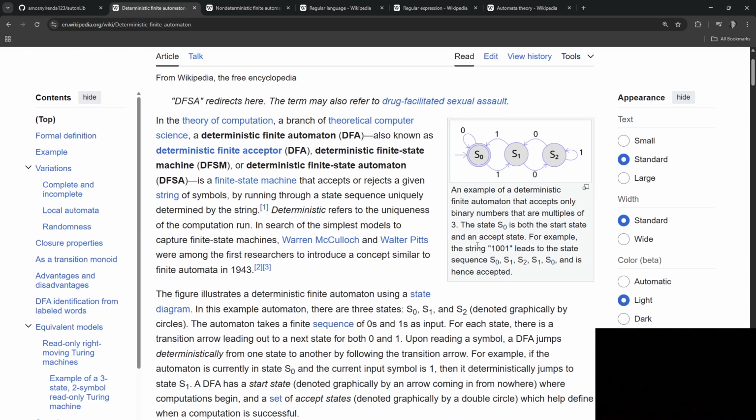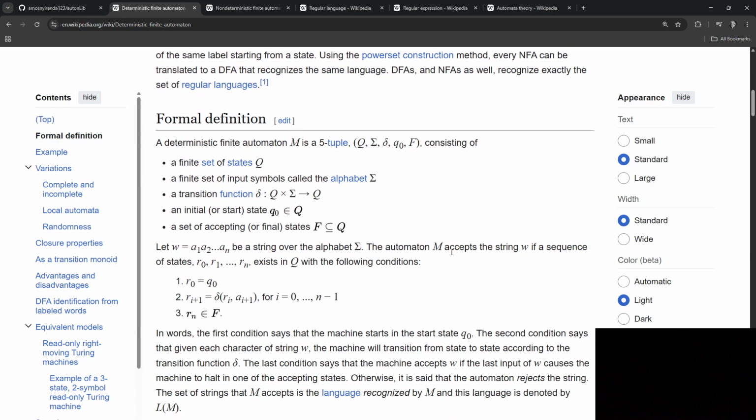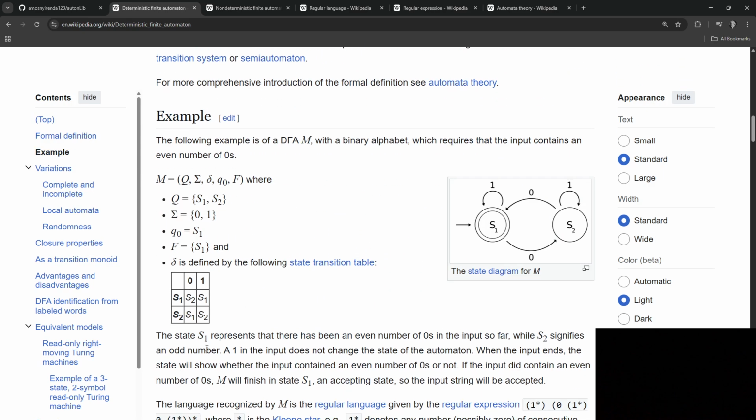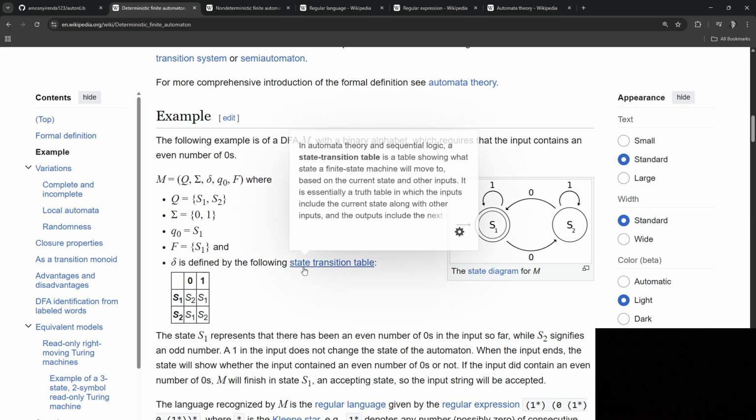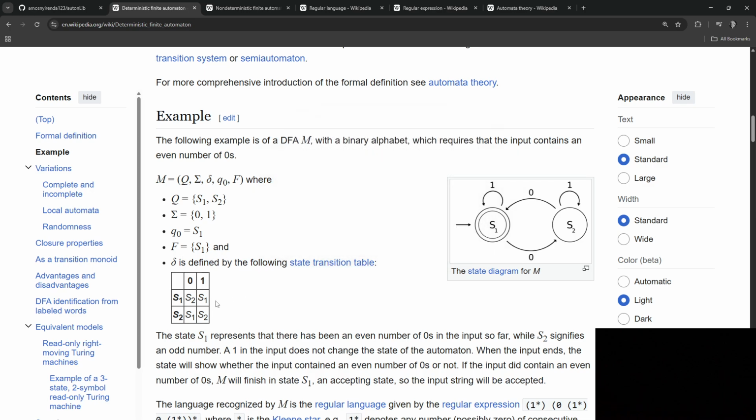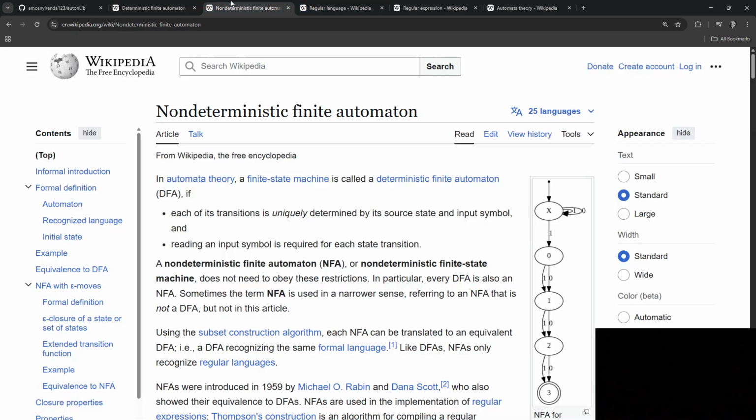This is the formal definition, you can look at it in your own free time. You see that we have a transition table. And then we also have a non-deterministic version. It's finite, again, because we have a finite number of states.